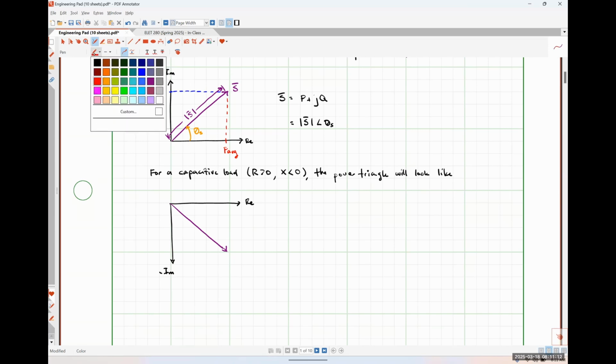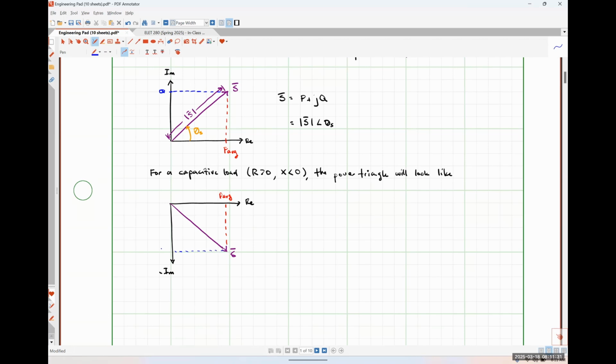Let me label that. So there's our complex power vector S. The projection onto the real axis will once again be our average power. The projection onto the imaginary axis will be our reactive power. And in these cases, when we have a capacitive load, our reactive power will always be negative. The magnitude of this vector is once again just our apparent power.